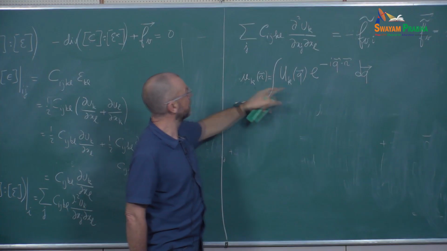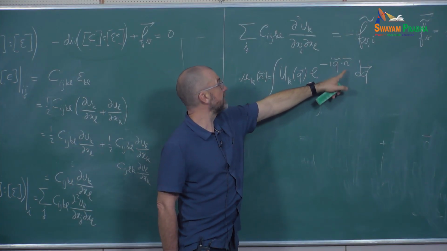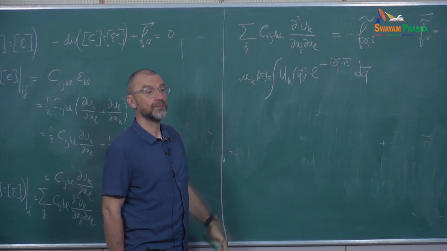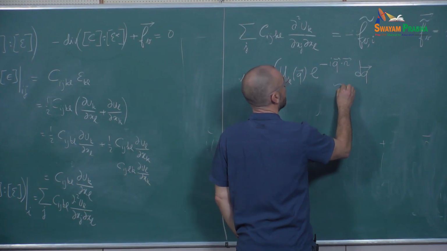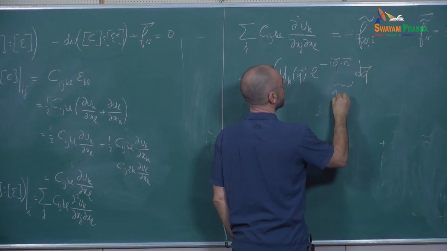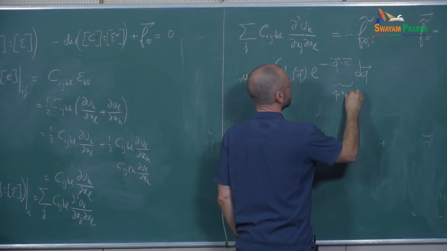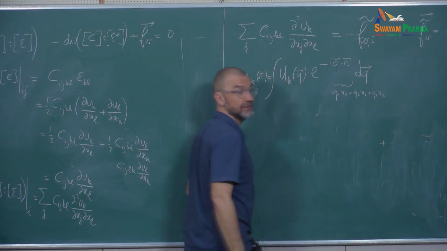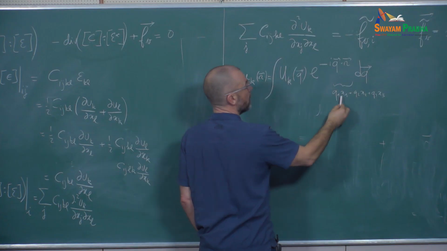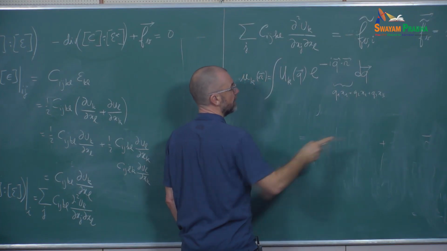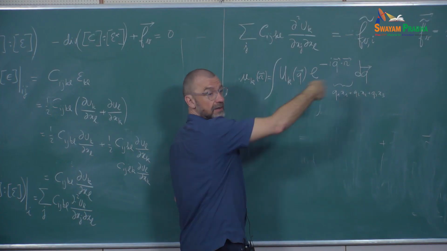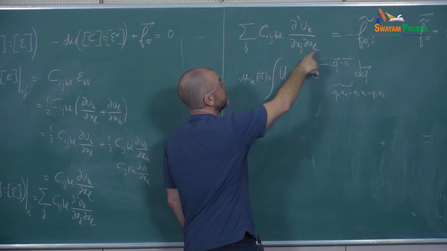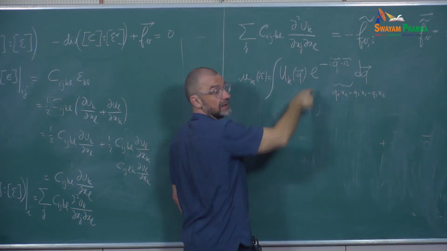If I take this function here and take the derivative with respect to xj, for example, because q·r is q1 x1 plus q2 x2 plus q3 x3, if I take a derivative with respect to one of the coordinates, I have a minus iqj, for example, which will go down.